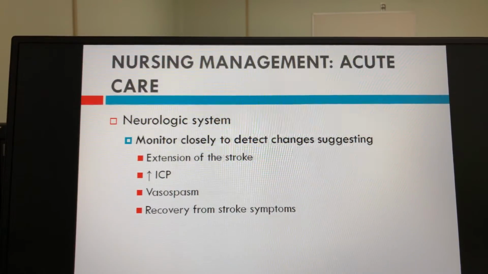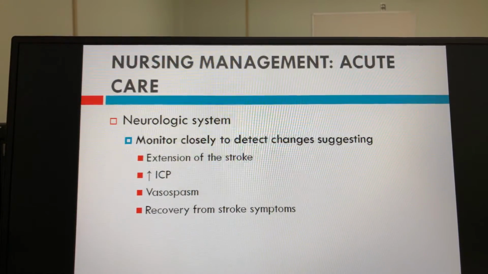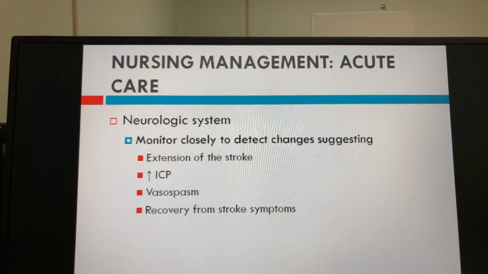Neurologically, we want to monitor the patient closely to detect any changes that suggest one, extension of the stroke, that they may have an increase in intracranial pressure, that they possibly may be having a vasospasm, or that they are recovering from the actual stroke symptoms. The primary clinical assessment tool we use to evaluate and document our neurological status in acute stroke patients is the NIH stroke scale, abbreviated NIHSS.